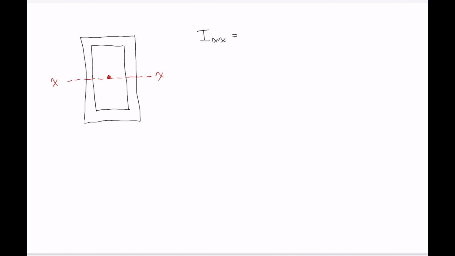So if we do a bit of color coding and say that the outside here is in blue, then we're taking the I for the outside, and then we're subtracting from that the I value for the hole in the middle.